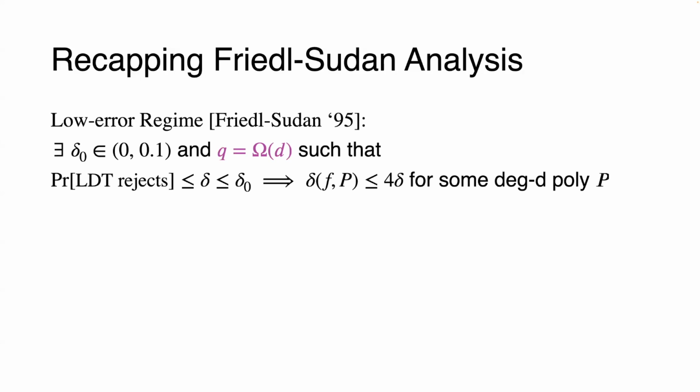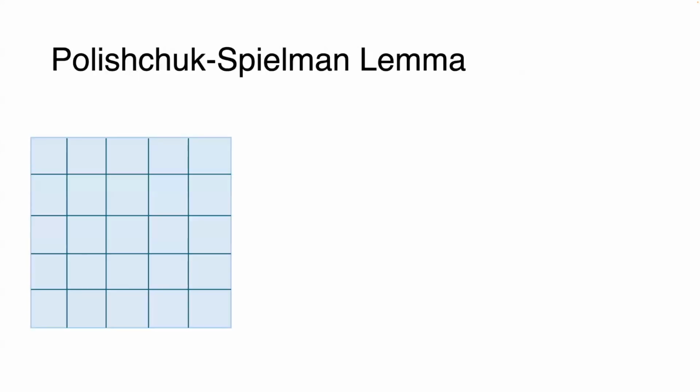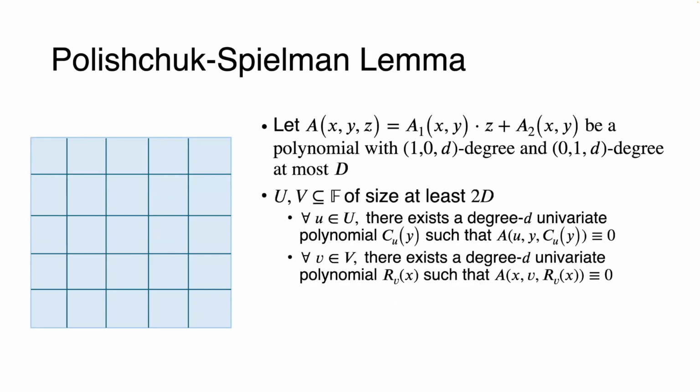So the technical backbone of their analysis was a particular lemma of Polishchuk and Spielman for the axis parallel lines situation. The setup of the lemma is that we have some trivariate polynomial that is linear in the third variable, of the form a1(x,y) times z plus a2(x,y), with some degree guarantees on these polynomials. And suppose we are told that for many values of x and many values of y, the following holds.